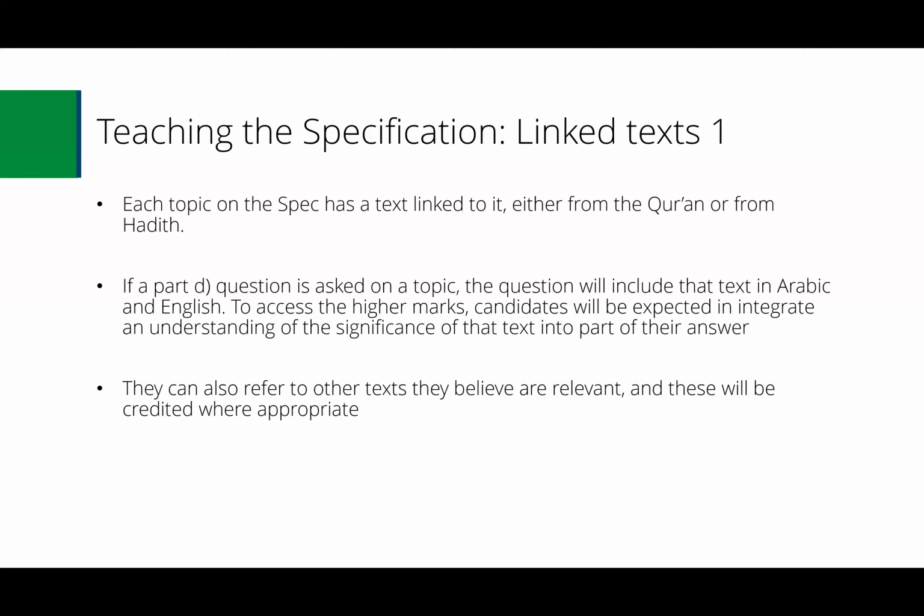This is important: students don't need to memorize the text. When you're working with them in the classroom, what you need to help them build up is an ability to intertwine the text or link it in their responses.